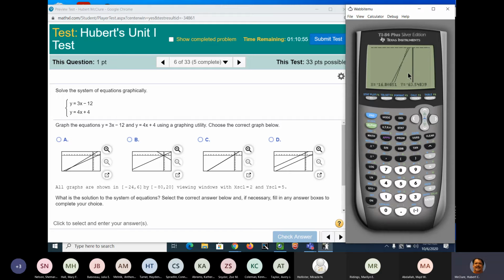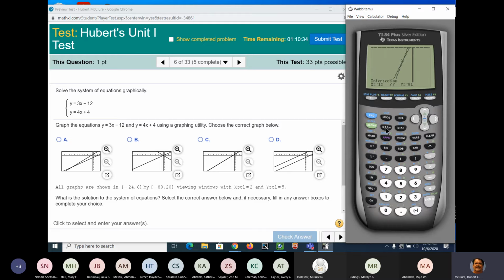Now I'm going to do second, trace, intersect. First curve, second curve, and then put your guess. I'm going to guess right in there maybe.